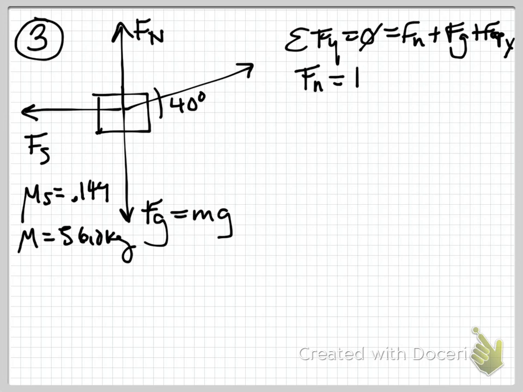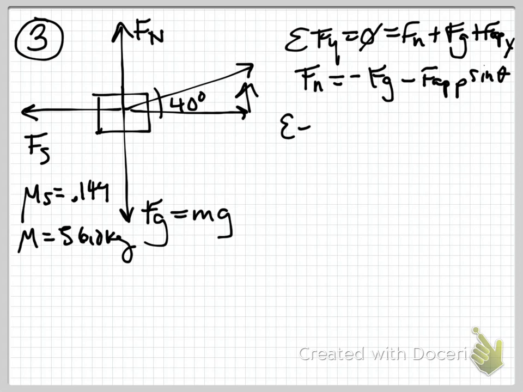Let's see. How did I do this on this one? So negative Fg minus F applied. And since I'm looking at the y component of the applied force, that's going to be times sine of theta. So I've got my expression for Fn set up and set aside. And this is then where I started to look to the x-axis, thinking I would sub in there.